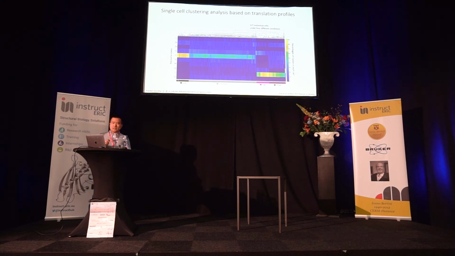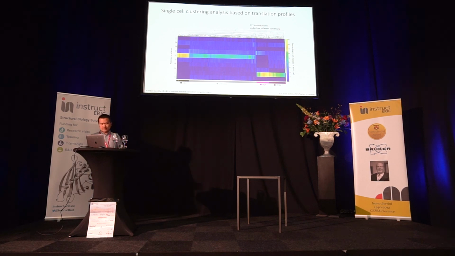Also, we are able to perform the translation state distribution within each of the cells we imaged, so within each of the about 600 cells. Here each column means one tomogram, which covers roughly a cell. And we then can perform this single cell clustering analysis based on the translation profiles.